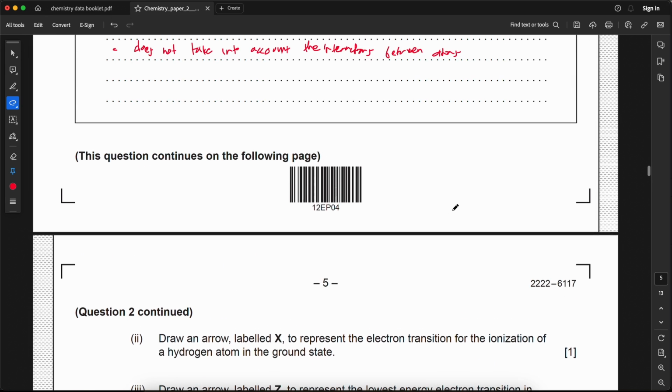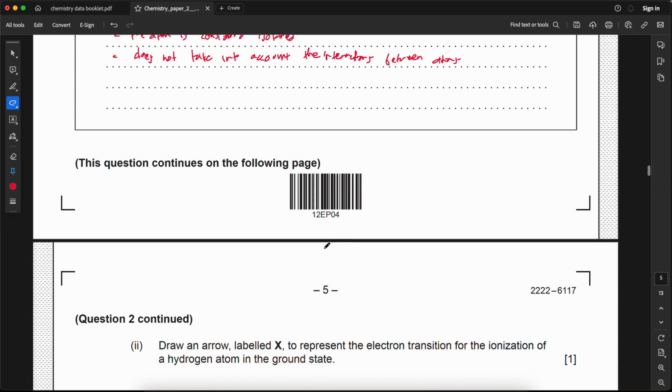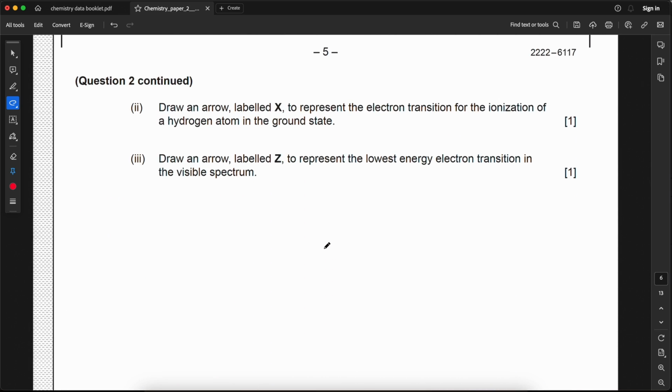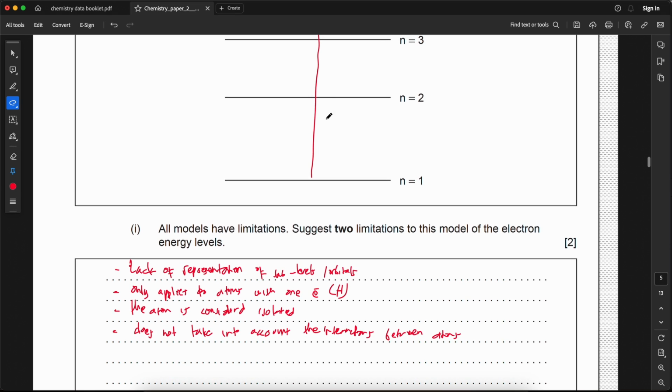So that would be n equals infinity. From the ground state, this is the ground state. Okay, so this will be the answer. It's not really straight, but you can make it straight. And then draw an arrow, labeled Z. Okay, so we need to label X here.